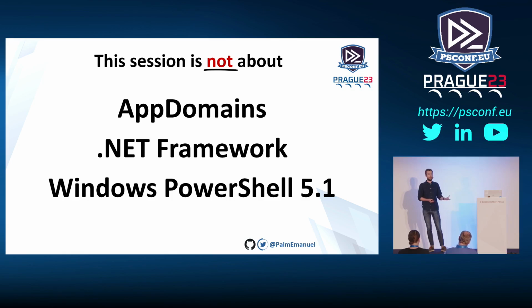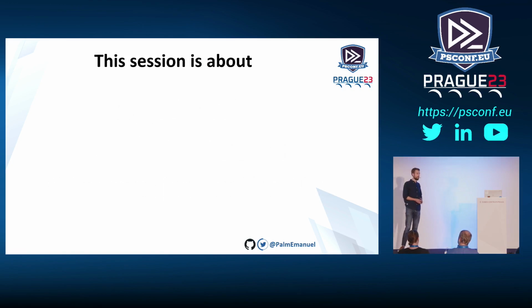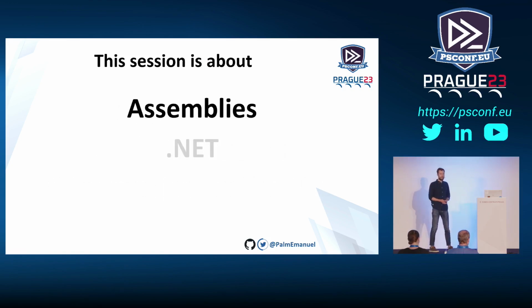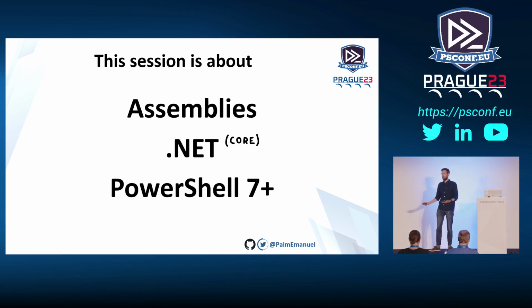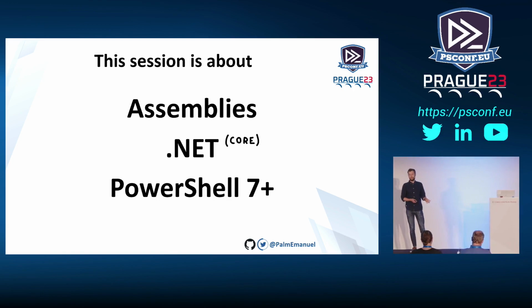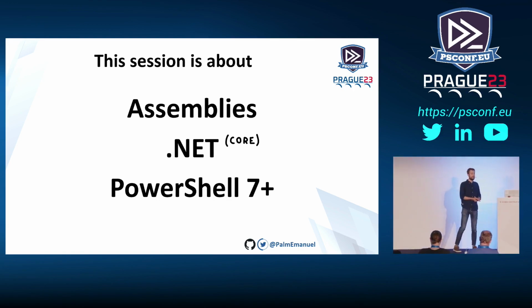So if you're working with lower PowerShell versions, you won't be able to use assembly load contexts. What we are talking about is .NET, previously known as .NET Core, and we are talking about PowerShell 7 and up. Technically 6 and up, as Andy mentioned in their great talk just previously. And if you are working with PowerShell 6, you should probably upgrade, though.